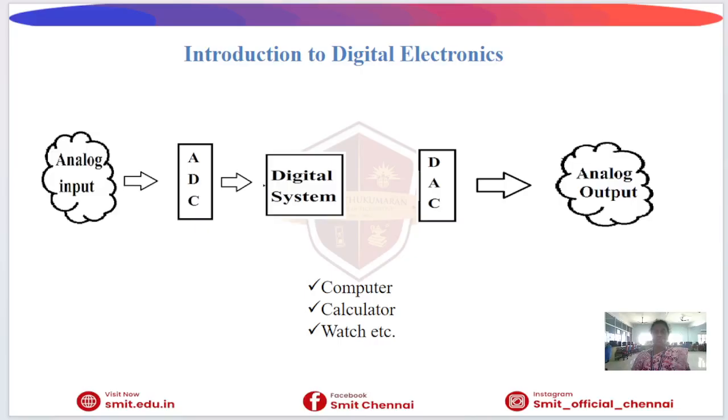Digital systems are easier to design, more reliable, less affected by noise, and suitable for computation and data processing. The key concept to emphasize is that digital equals discrete and analog equals continuous. Digital systems usually use a binary representation.